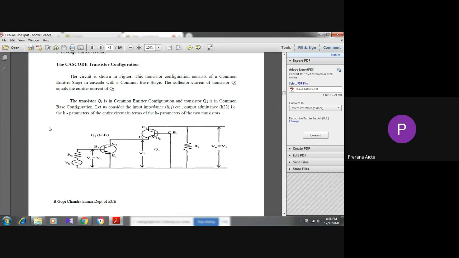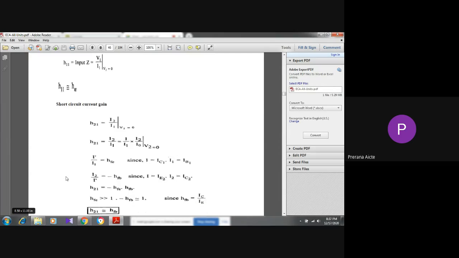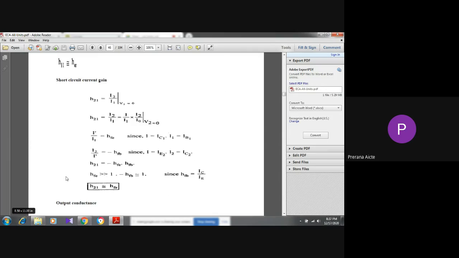In this figure, we have a source resistor, source voltage, and two BJT transistors. One is NPN, another one is PNP. Sorry, both are PNP transistors. So the first stage is common emitter, the second stage is common base, and these are the equations in the cascode amplifier.